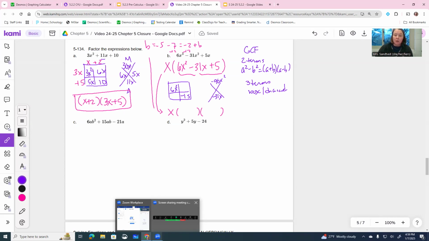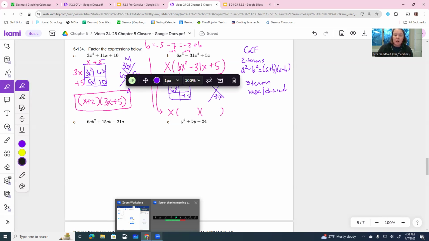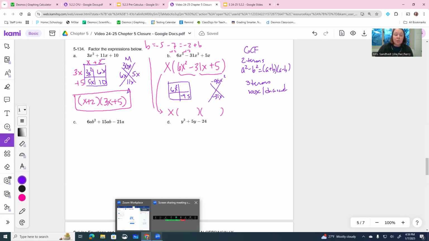How many of you are screaming at your computers right now saying, you can't read your own writing, Miss Sandbit? This is a plus 5, not a 15. So how about we go ahead and fix that? I was just sitting here looking at it, thinking, wow, what multiplies to be negative 90 and adds to be negative 31? And I was sort of in the struggle over here.